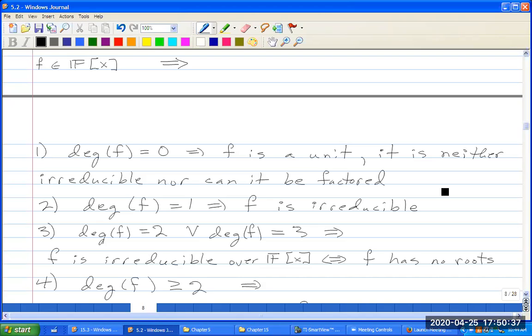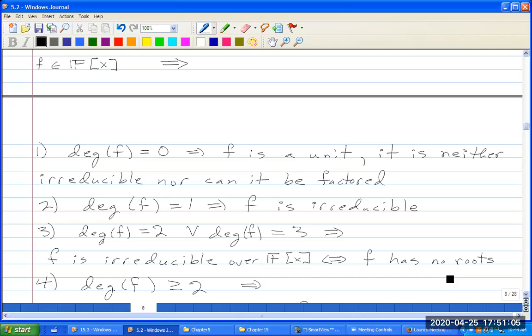If I'm asking you to do factorization, then if the degree of the polynomial is either 2 or 3, f is irreducible if and only if f has no roots.